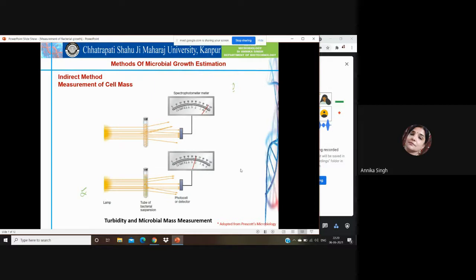You can see here, this is the light source, and this is the tube which contains the bacterial suspension.